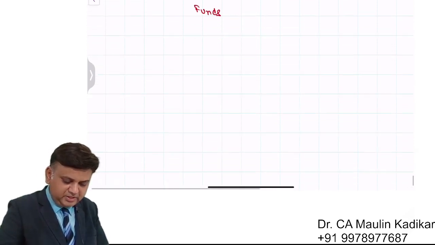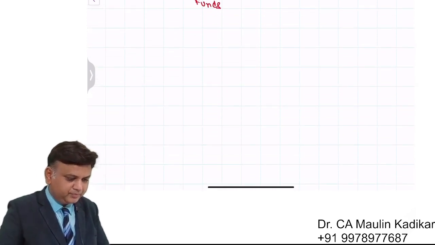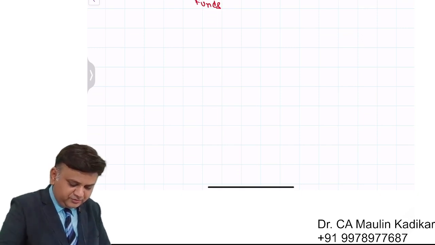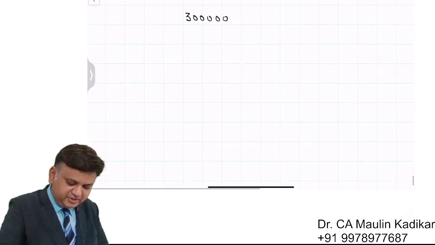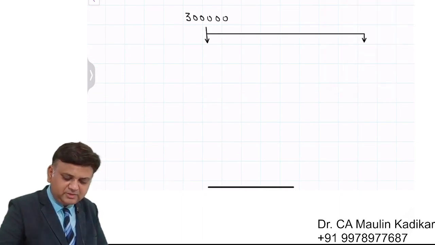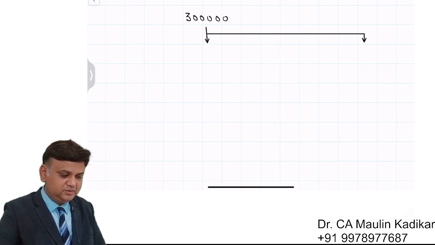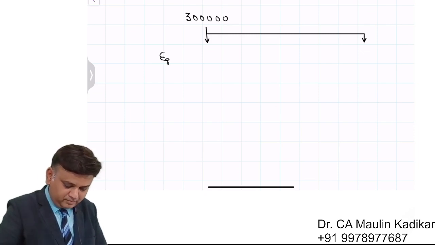Okay. So the total amount provided to us in the question is 3 lakhs. Again it will have the bifurcation. The question has already provided us information about the optimum capital structure. Equity is an amount of rupees 1,80,000.